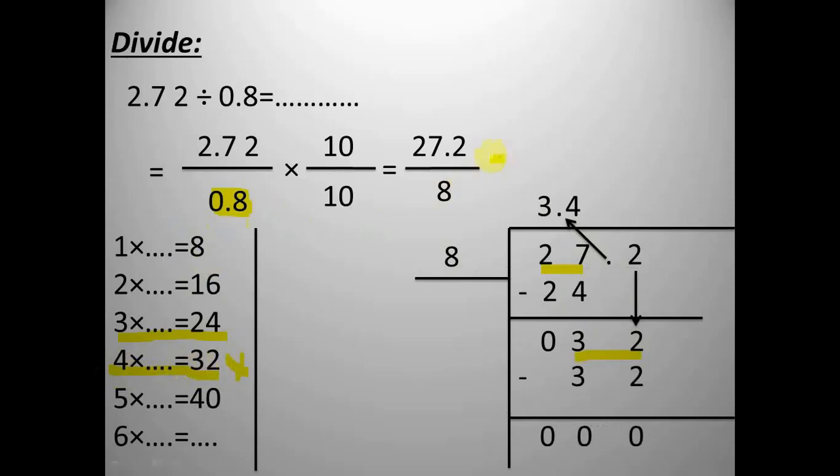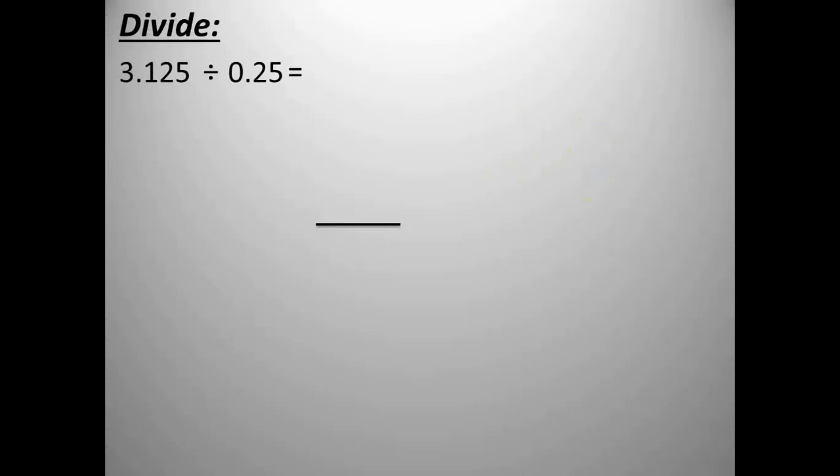The result of the division equals 3.4. We go to another exercise. Divide 303.125 by 0.25, equals fraction 4.